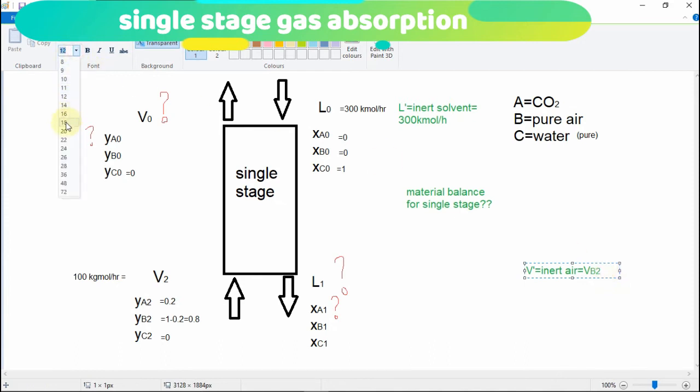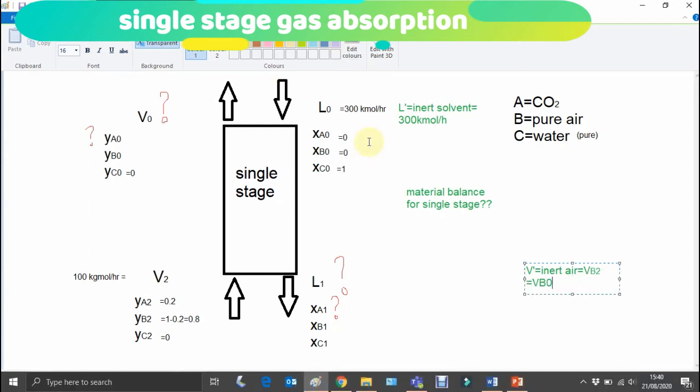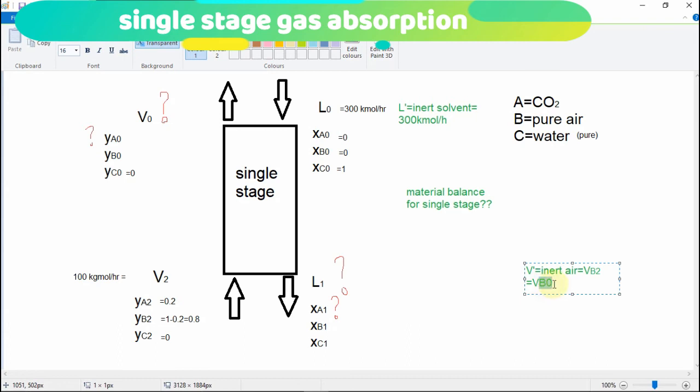And it is also the same value as VB naught, which is stated here, over here.